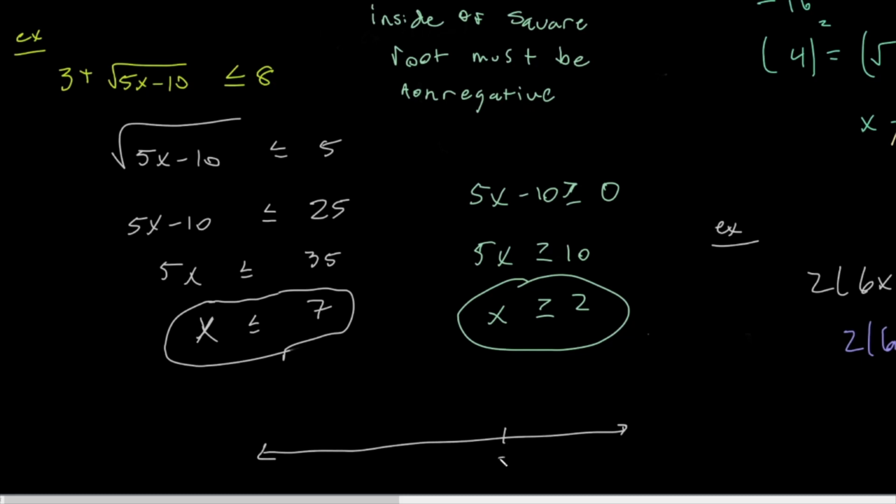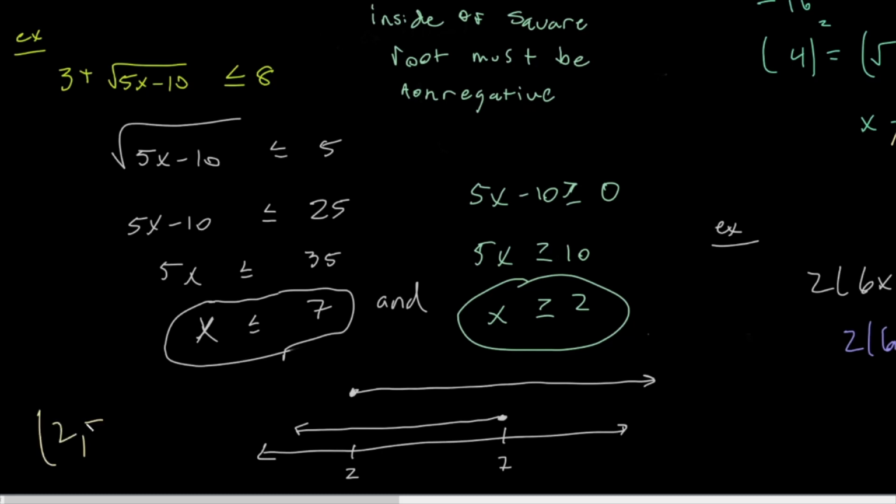X less than or equal to 7, and also x greater than or equal to 2. This will always be and, because they must both be true. So we end up with the things that agree between these two, so 2 to 7. Here's our answer in yellow.